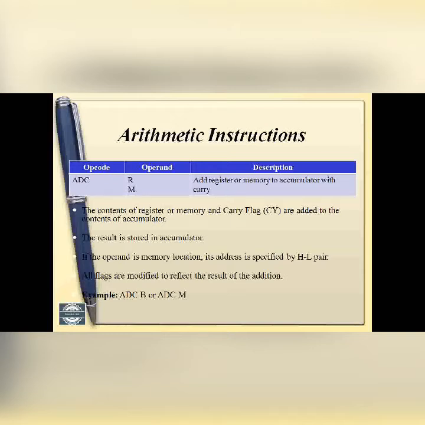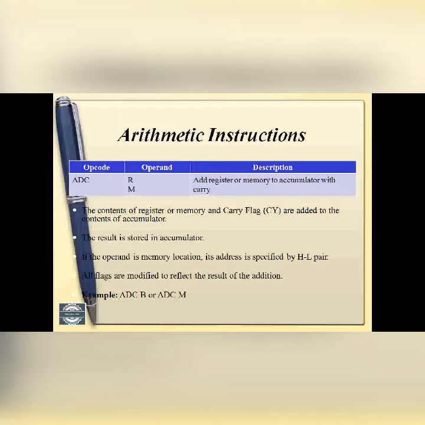Now see the next one, ADD means directly adding. If you have carry, then you will use the ADC. Now ADI will tell you that 8-bit data is added immediately to the accumulator. Now what is the difference between ADD, ADC and ADI? This concept you have to be clear about.